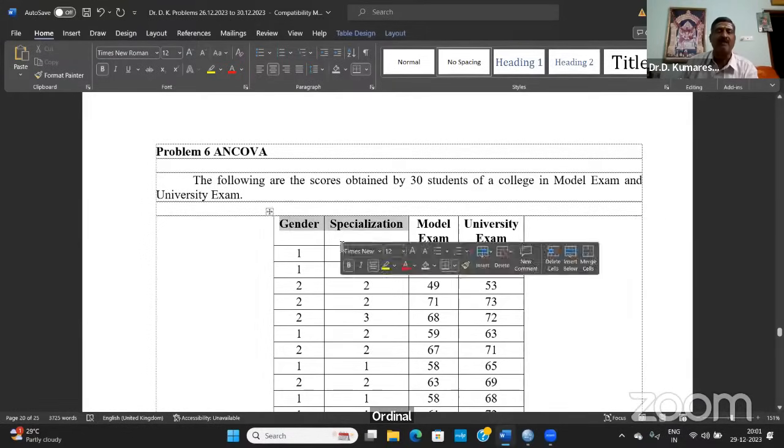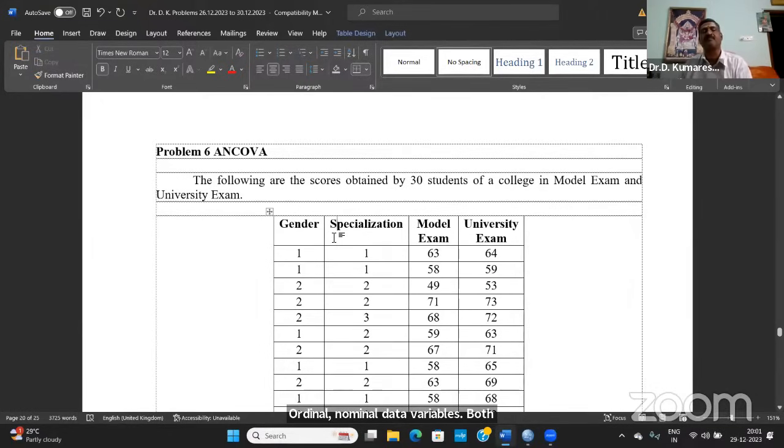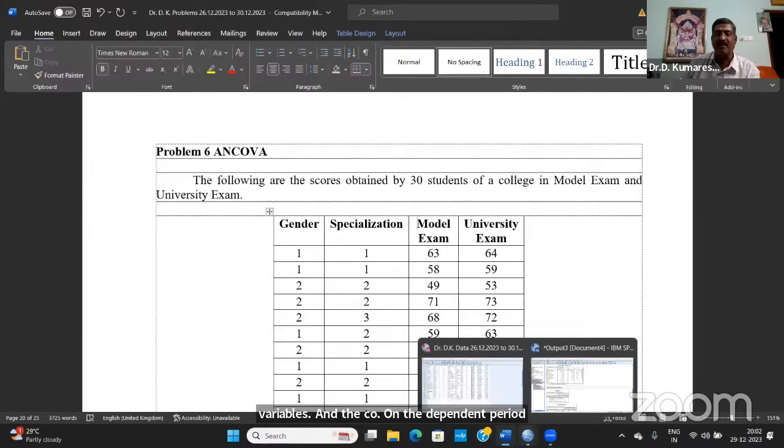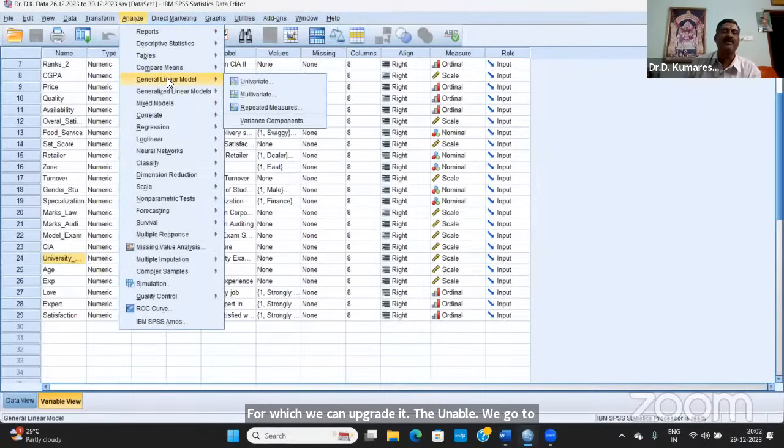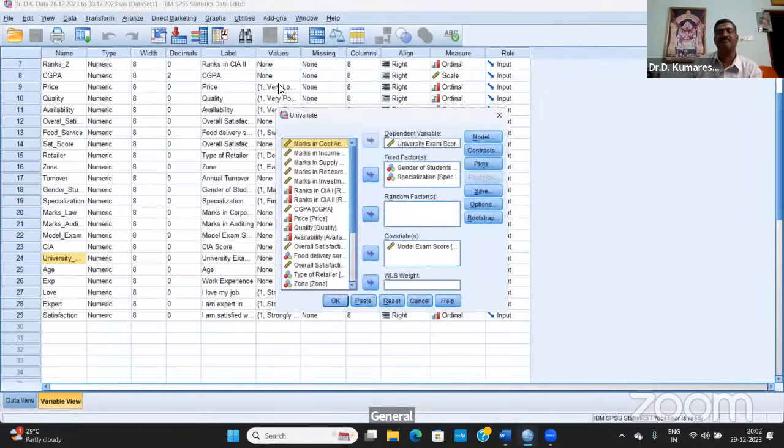Both are called independent variables. We have tested the influence of these independent variables and covariate variable on the dependent variable, for which we have applied the ANCOVA. For ANCOVA, we go to analyze, general linear model, and select univariate.